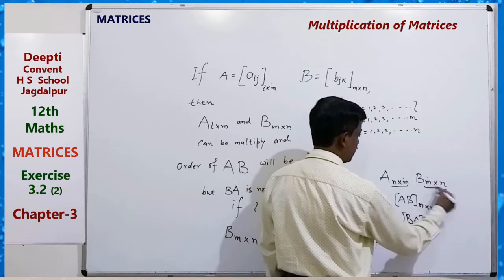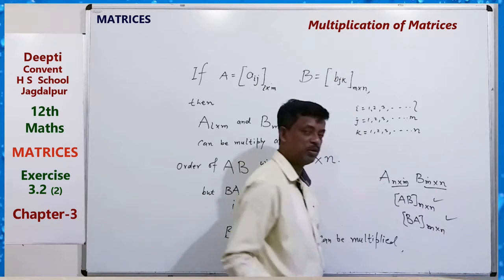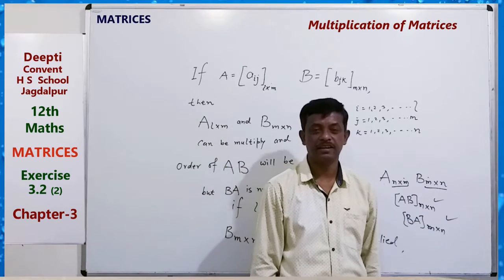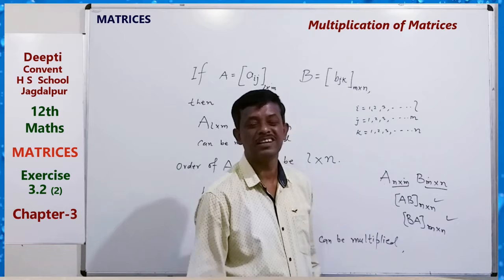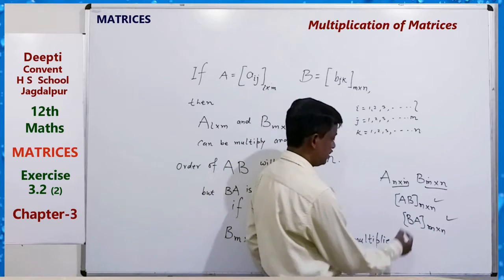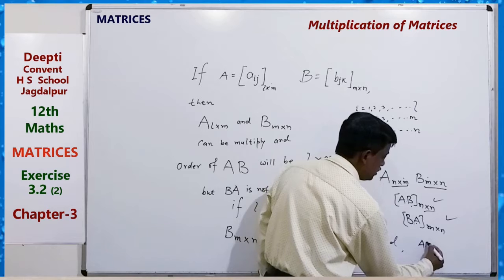After this, N equal, so M by M. Both can be defined, but its order is N by N, its order is M by M. That means it is not necessary for equality of AB and BA.